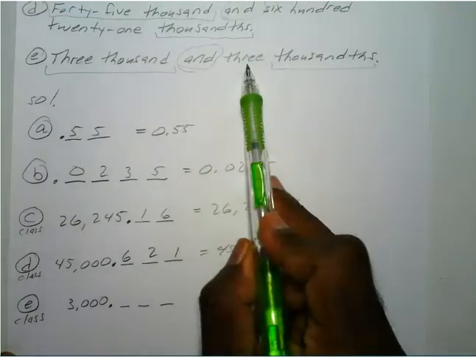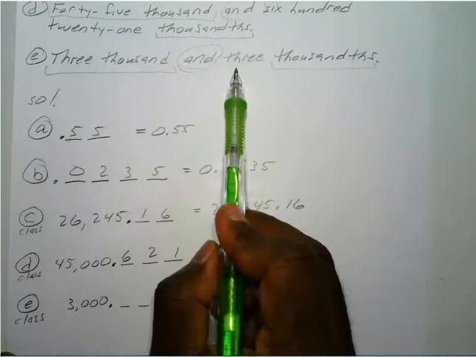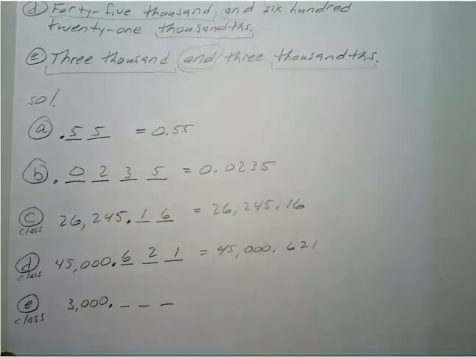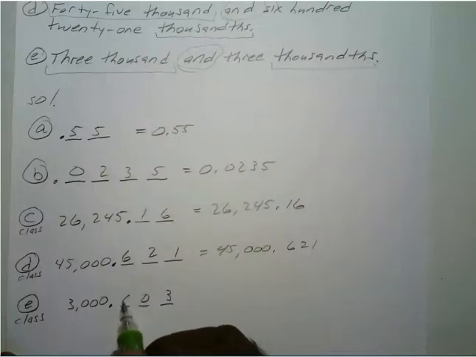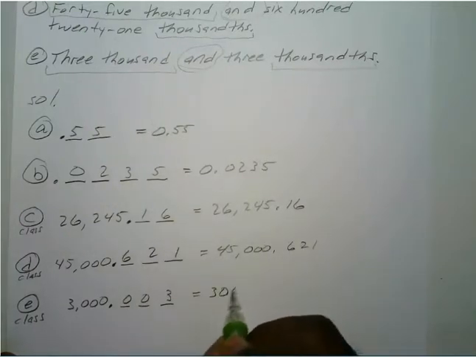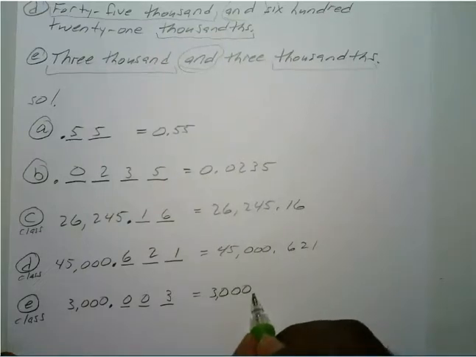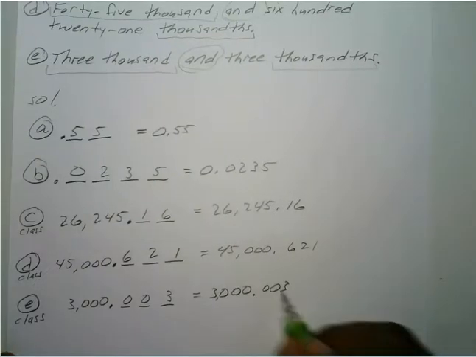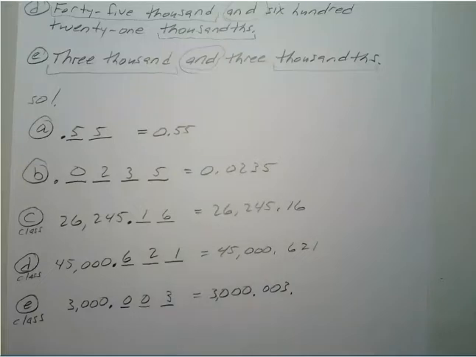So you're going to put 3 to the far right of those empty spaces, and everything else is filled in with a 0. So for E, you have 3,000 and 3 thousandths. Okay, so that's how you convert from words to decimals and decimals to words. All right, so hopefully this made sense, and I'll see you on the next video.